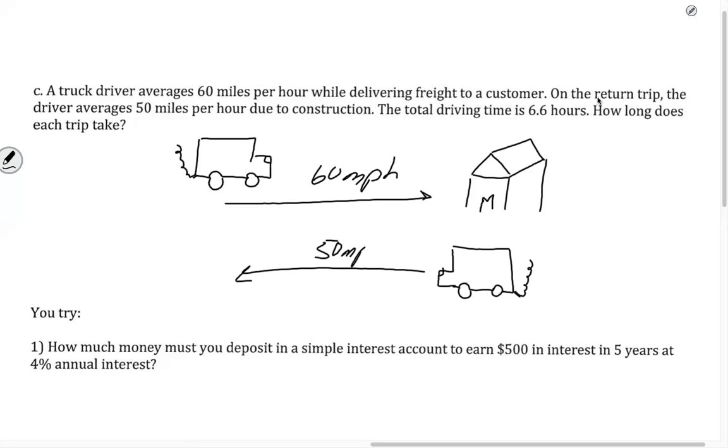Drives home 50 miles per hour because he hits a traffic light, right? That's what we've got going. Now we know the whole trip took 6.6 hours.